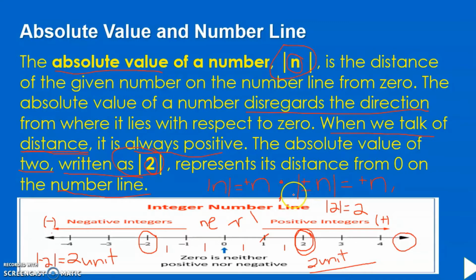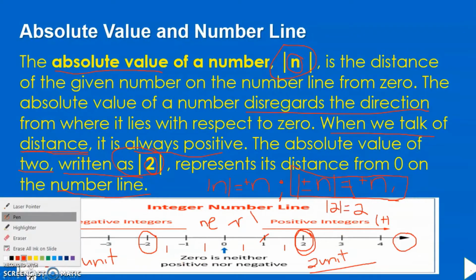But the first thing that we must bear in mind is that the absolute value of any integer, mapapositive man siya o negative, has an equivalent positive integer. So let's move on to the next part.